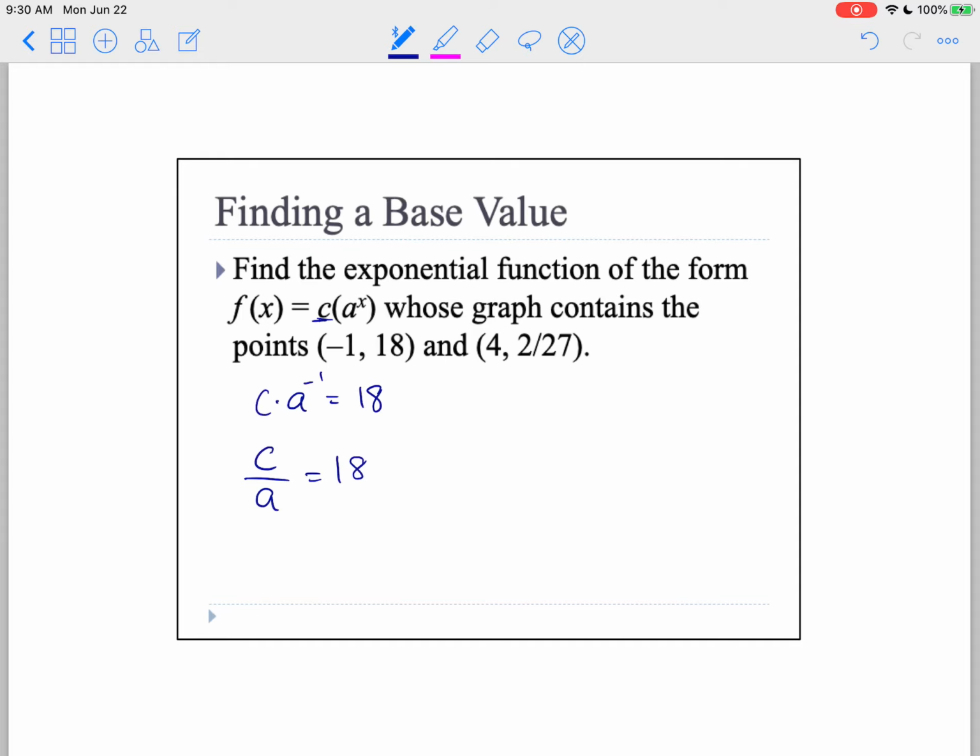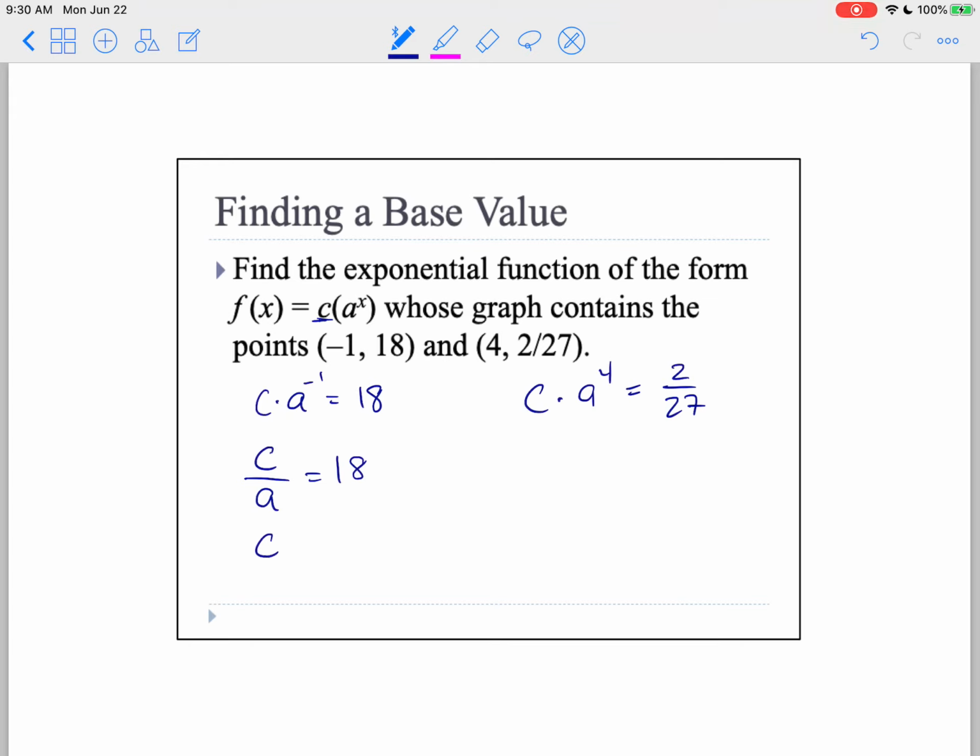Okay. When I plug in 4, C times a to the 4th is equal to 2 over 27.